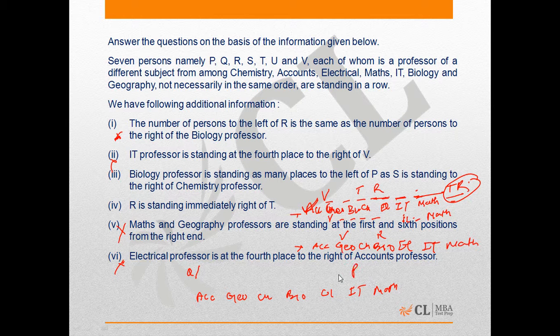In this case, P is IT professor, S is electrical, R biology, T chemistry, V geography, and the remaining two professors, these either would be Q or U in any order.